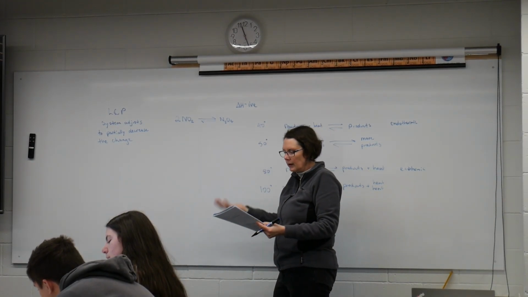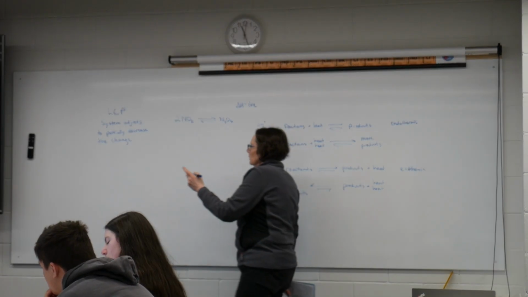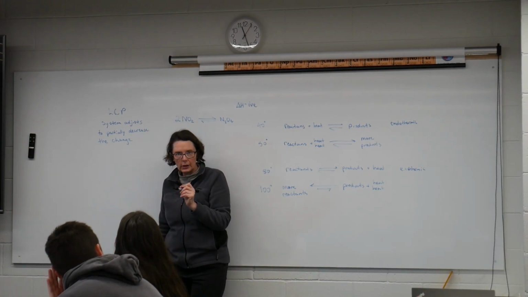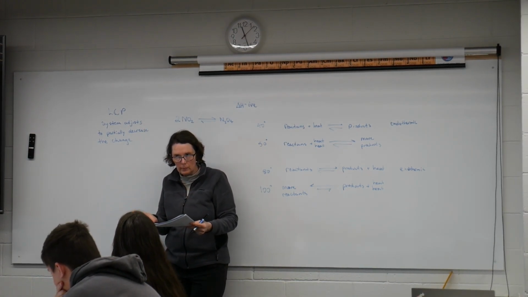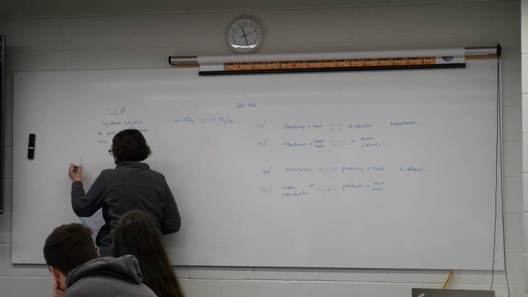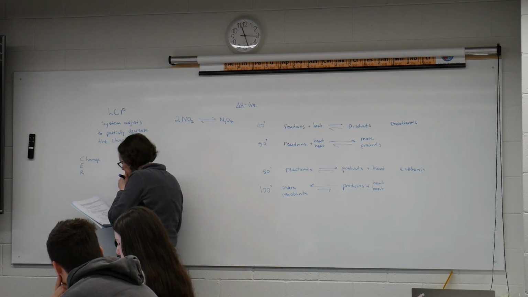Now, if we have our change, if we want to increase the temperature, the best format that you should use to answer these changes to equilibrium questions is the format of CER. Okay, so you write down what the change is.